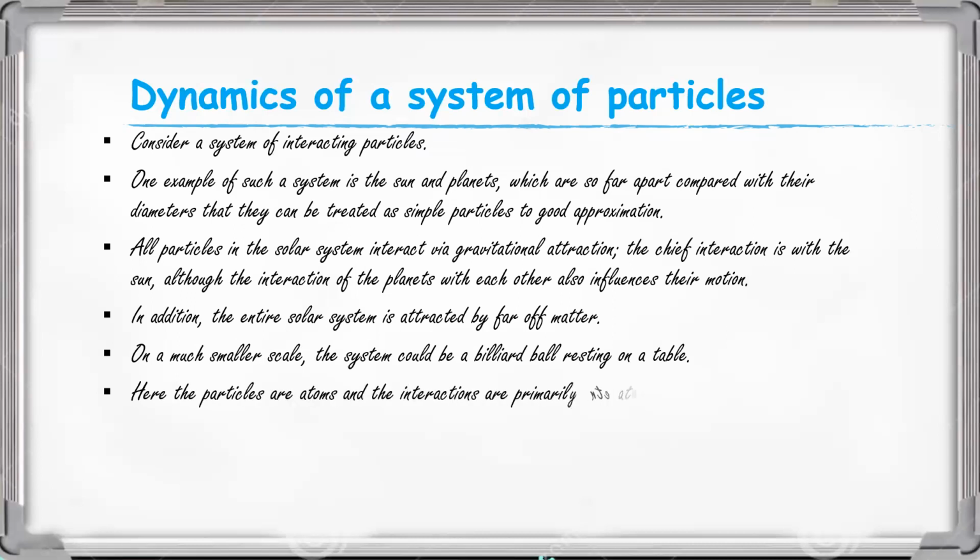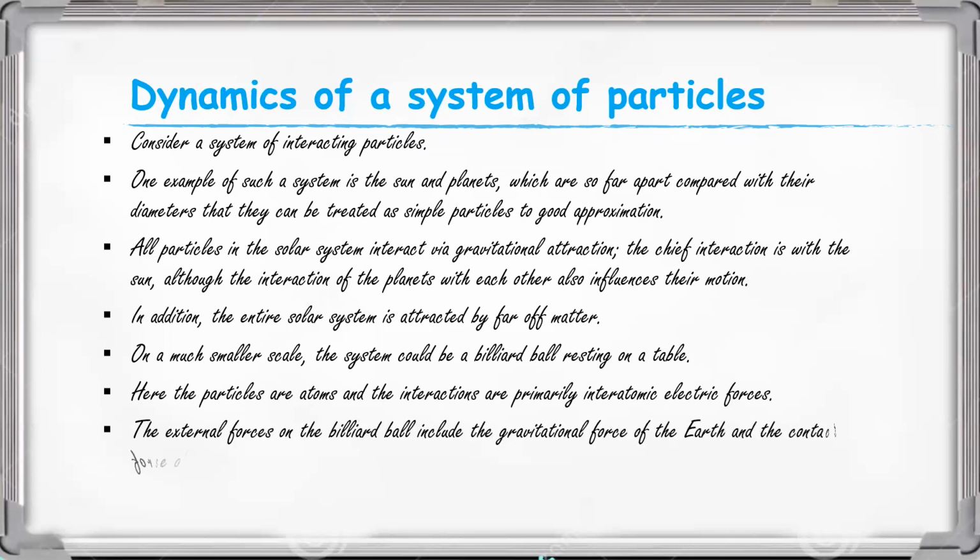Here the particles are atoms and the interactions are primarily the interatomic electric forces. The external force on the billiard ball includes the gravitational force of Earth and the contact force of the table top.